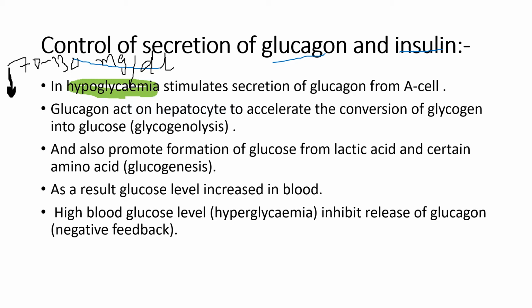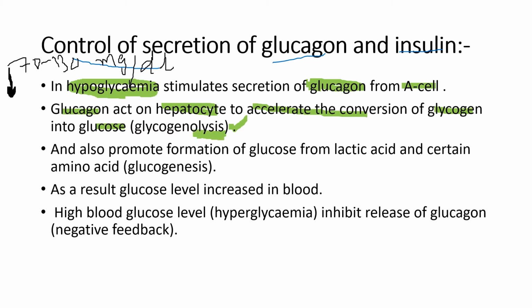In hypoglycemia, it stimulates the secretion of glucagon from the alpha cells. Alpha cells release glucagon, and glucagon acts on the hepatic cells in the liver to accelerate the conversion of glycogen into glucose. This is known as glycogenolysis, because lysis means breakdown, cutting of any product.